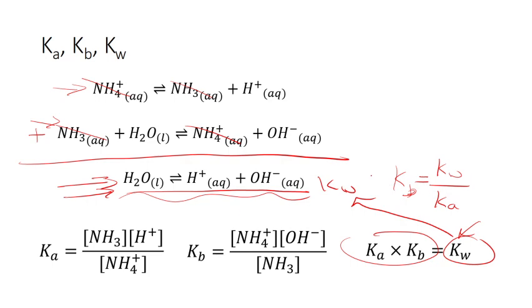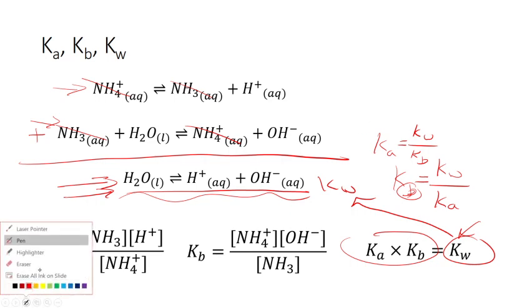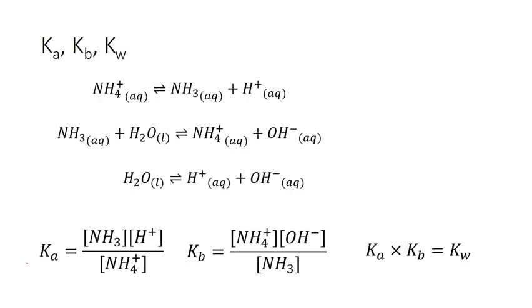Likewise, oh, sorry, I'm getting things backwards. If we want to put things in terms of acid and Ka, we could say that Kw divided by Kb is equal to Ka. So this is a way that we can interchange between Ka and Kb given information that we have.